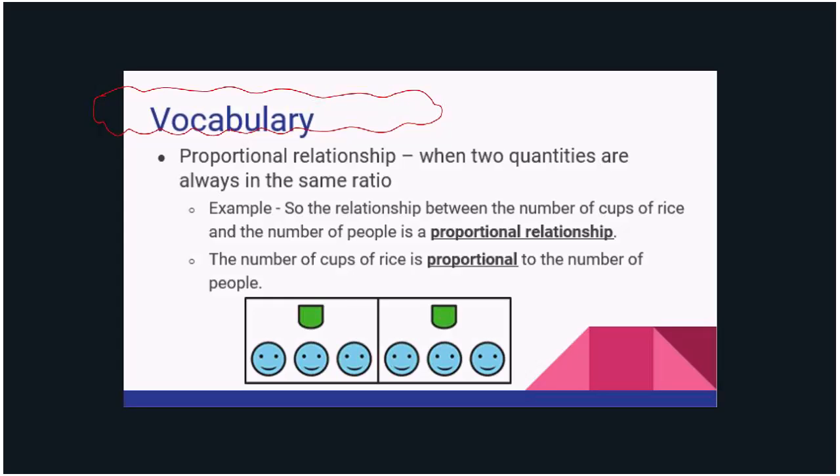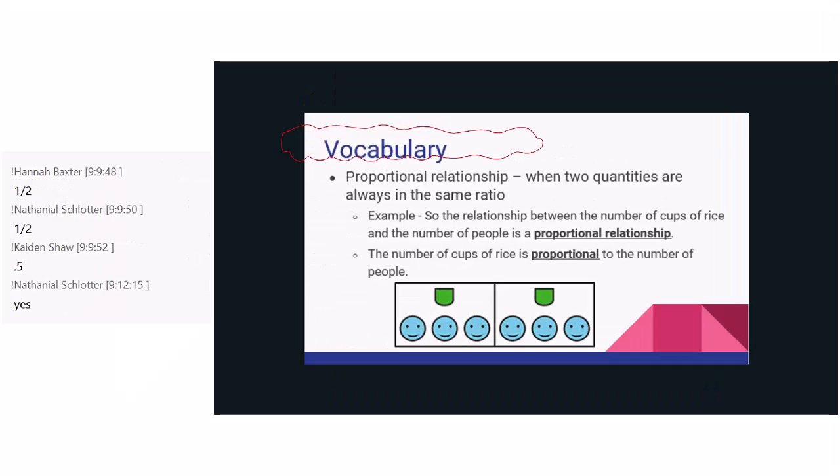Anybody need more time to write? You don't have to write down the example part down here, these 2 sub bullet points. So again, proportional relationship: when 2 quantities are always in the same ratio.